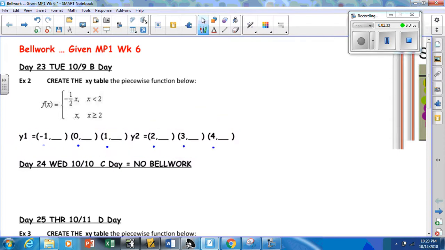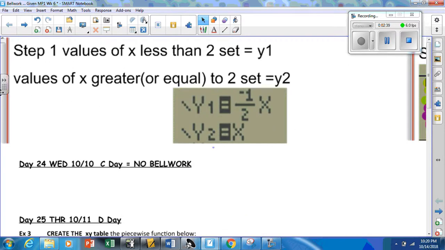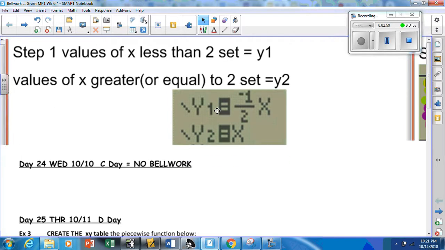That might just help us simplify this question. In step 1, what were we supposed to do? Well, we understand that y1 should be all of the values of x that are less than 2, and y2 should be all of the values of x that are greater than or equal to 2.